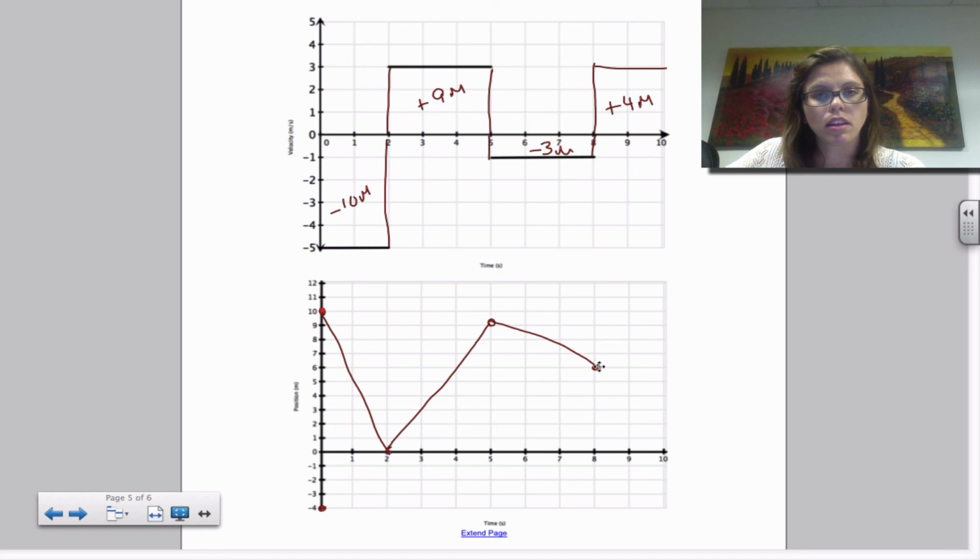And then we're going to go up 4 in the next 2 seconds. So 1, 2, 3, 4, 1, 2. And if you notice, we start and end at 10, so our displacement is 0. So that's excellent.